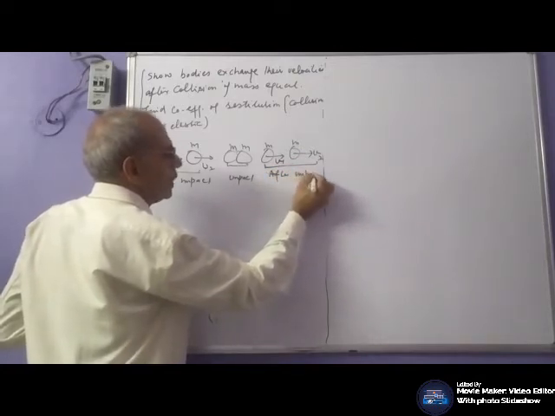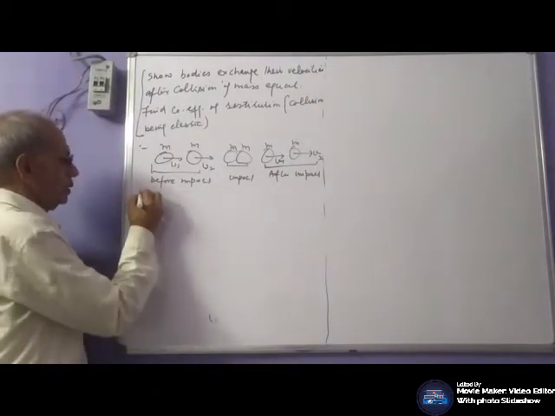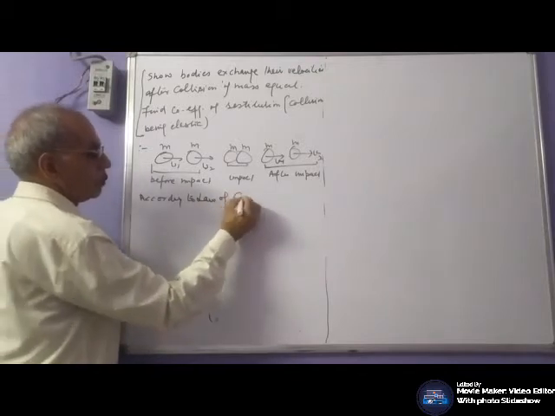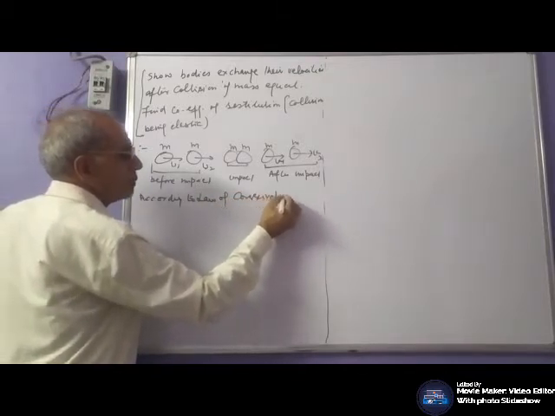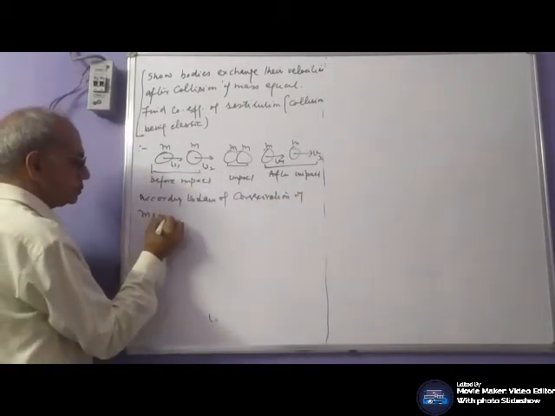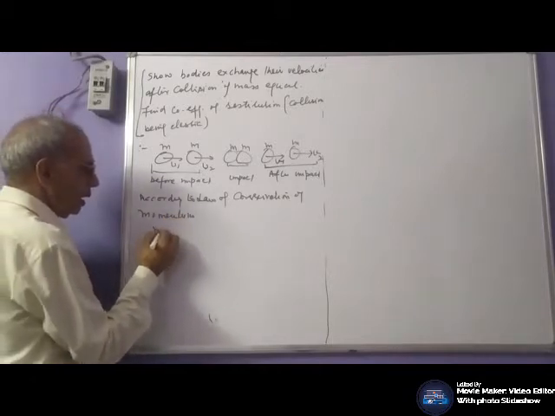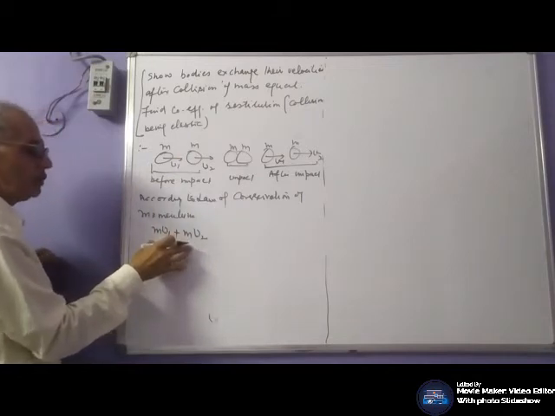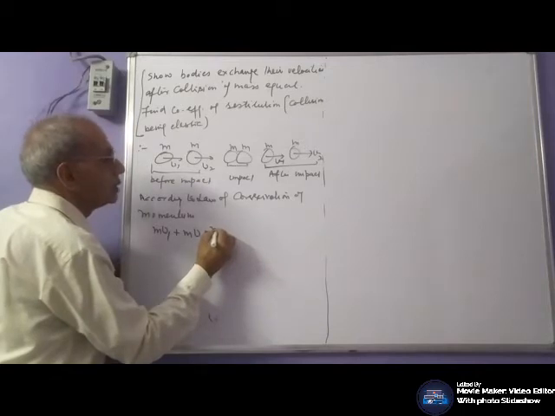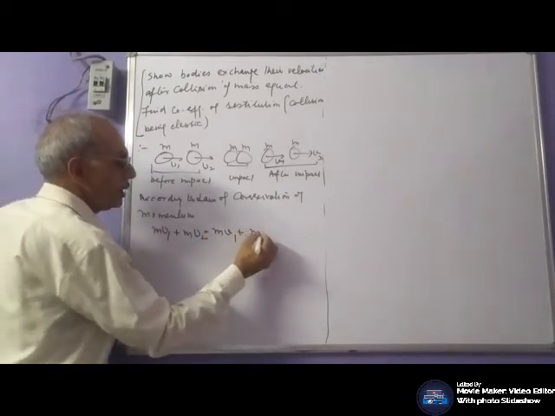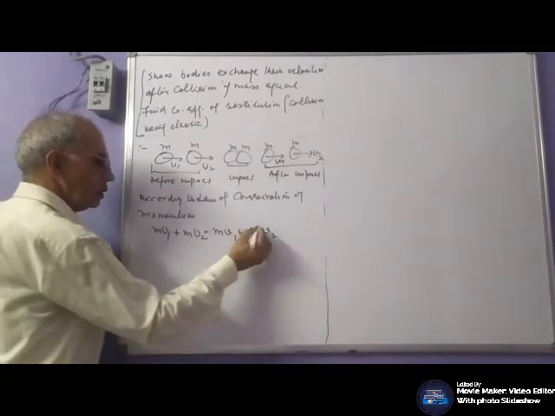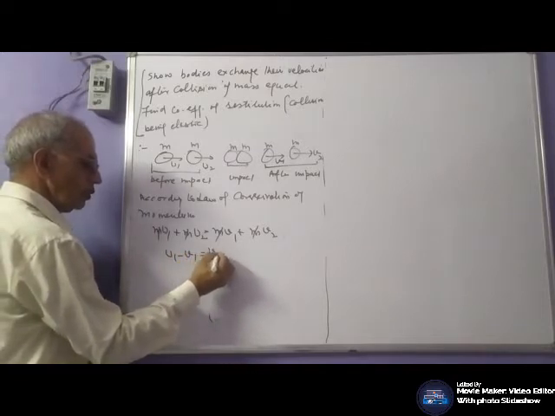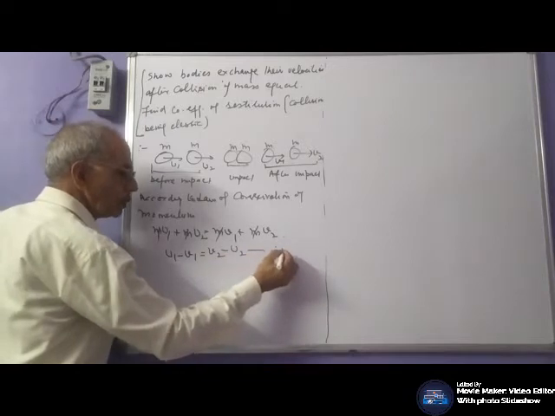After impact, according to the law of conservation of momentum, the total momentum before impact, before collision, is M U1 plus M U2, equal to M V1 plus M V2, or U1 minus V1 equals V2 minus U2. This is first.